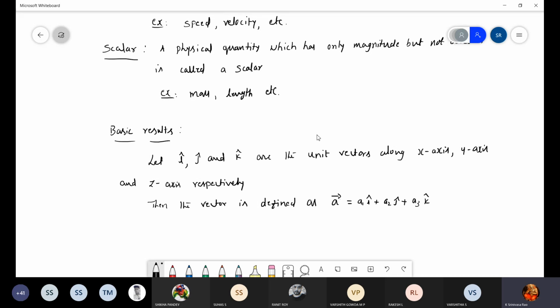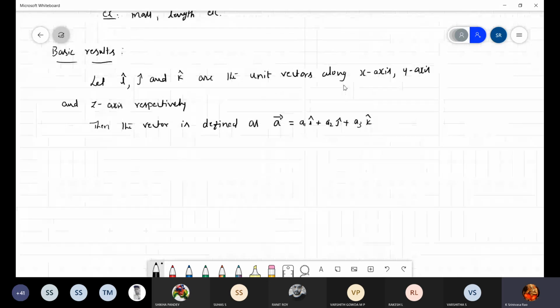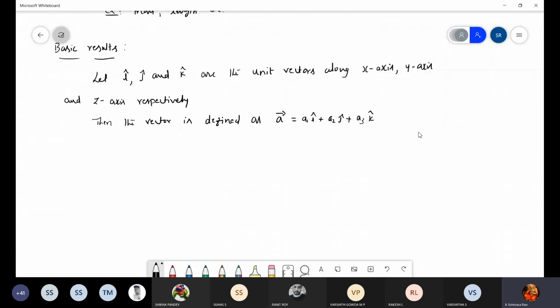We write one alphabet and above it an arrow mark; this arrow represents a vector. This is the representation of a vector. I'm giving the basics; you already know these concepts, but we will recall them and then move to the syllabus.